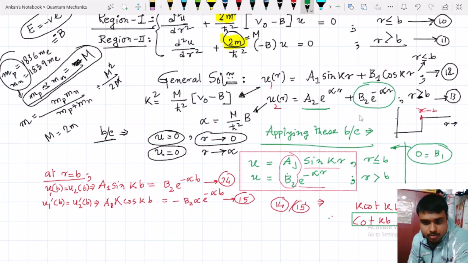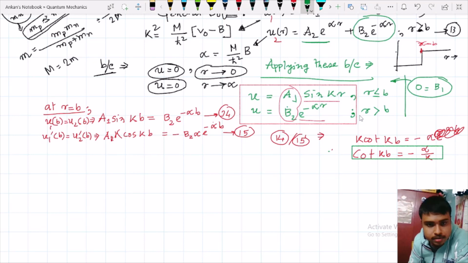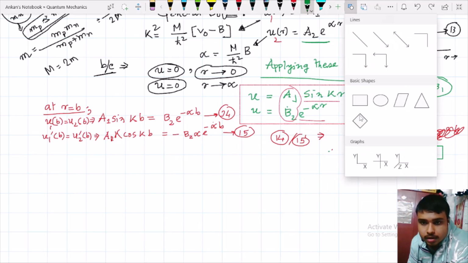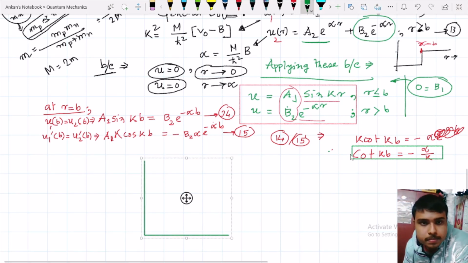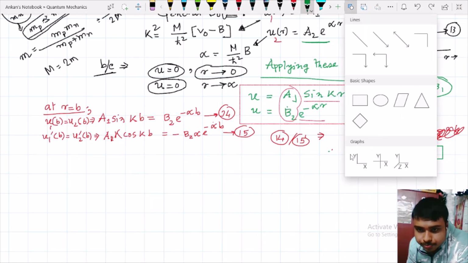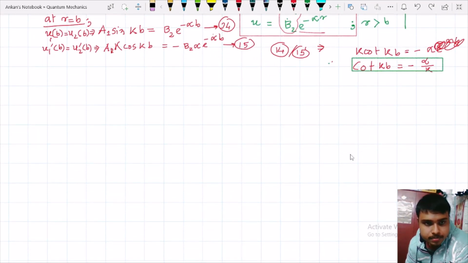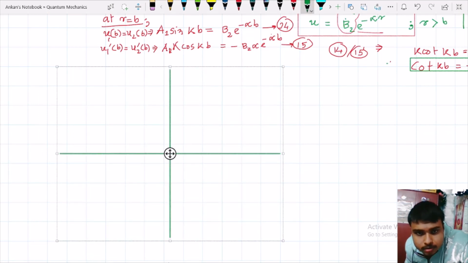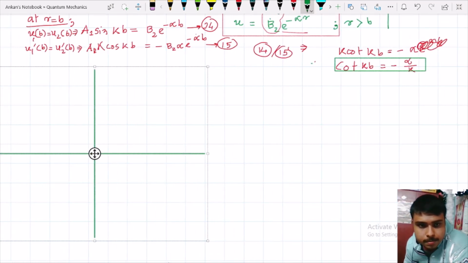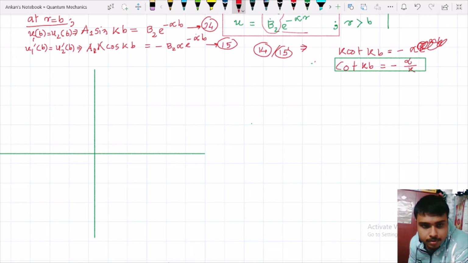Okay, so if we draw the wave function completely, let me take the coordinate axis. The potential was taken like this.